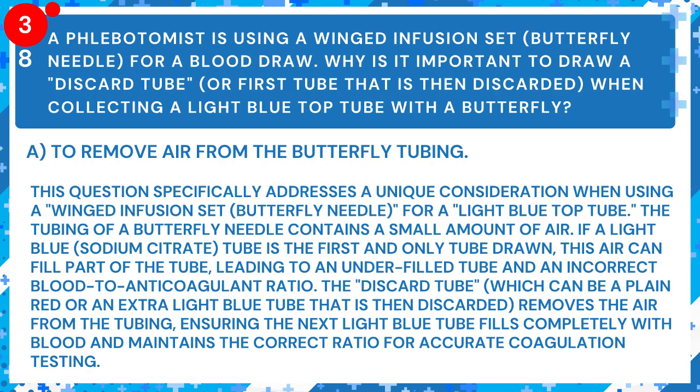If a light blue, sodium citrate, tube is the first and only tube drawn, this air can fill part of the tube, leading to an underfilled tube and an incorrect blood-to-anticoagulant ratio. The discard tube, which can be a plain red or an extra light blue tube that is then discarded, removes the air from the tubing, ensuring the next light blue tube fills completely with blood and maintains the correct ratio for accurate coagulation testing.